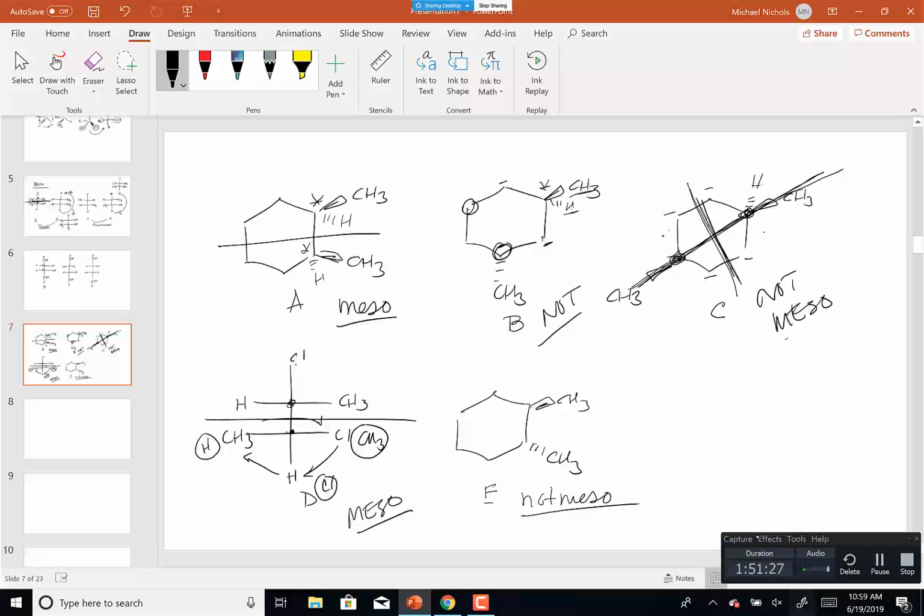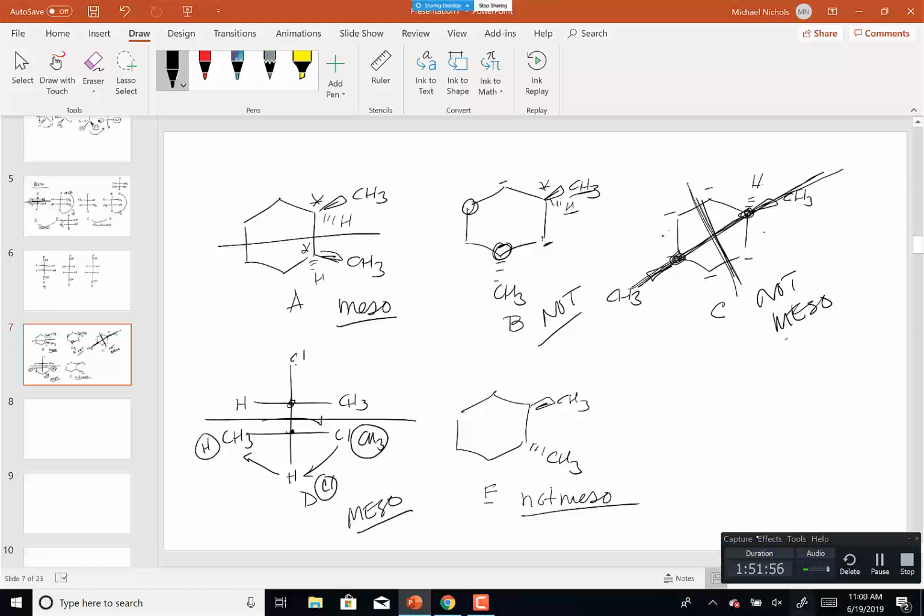So I'm going to have to modify my four choices. So we're going to have, they're either enantiomers or diastereomers. They are the same meso compound, or same and meso, or they are the same but not meso.